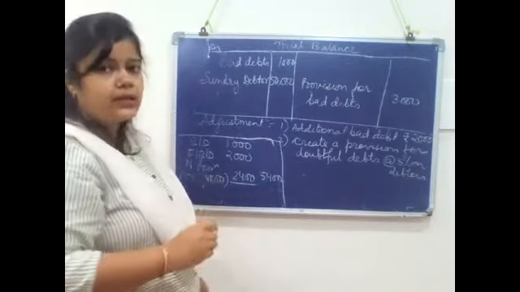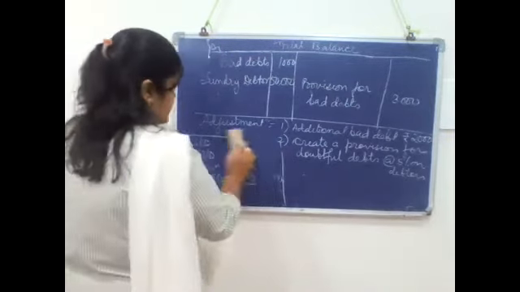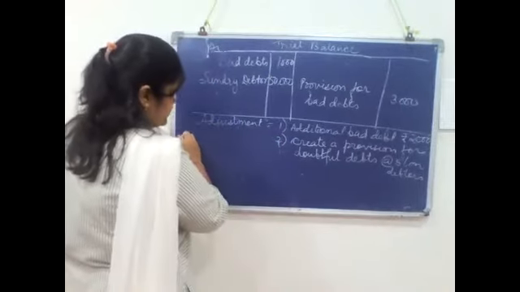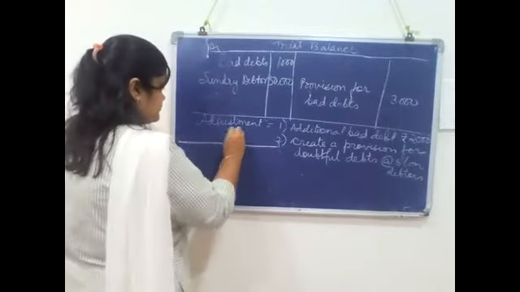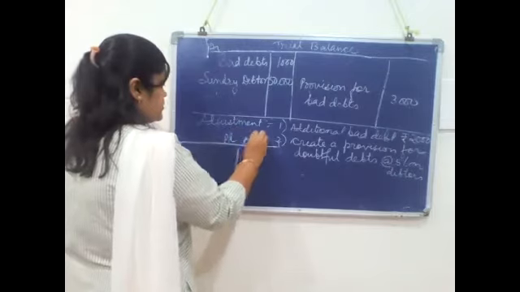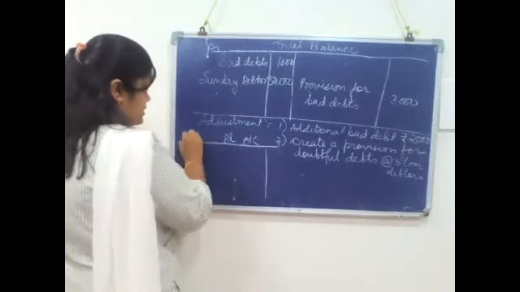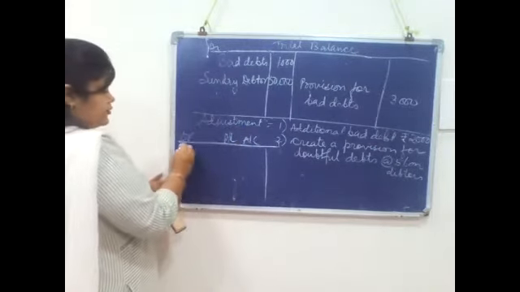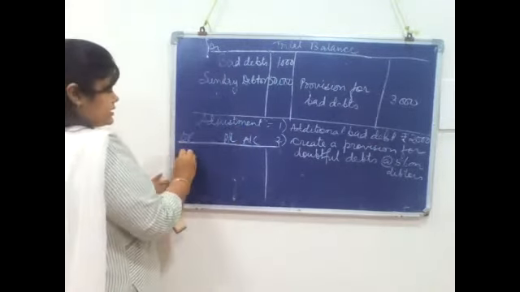And what will be the impact? First impact will be in the profit and loss account, on the debit side. Okay, this is the debit side. You will write all the three items that I had added. You will write the heading provision for doubtful debts.